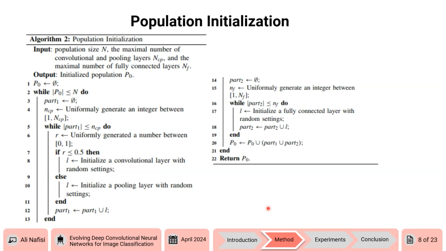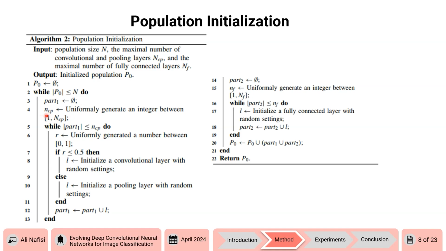Here is the population initialization algorithm, how we initialize the first population. The inputs are the population size, the maximal number of convolutional and pooling layers, which is N of CP, and the maximal number of fully connected layers, which is N of F. The part that we have to pay attention to is here.